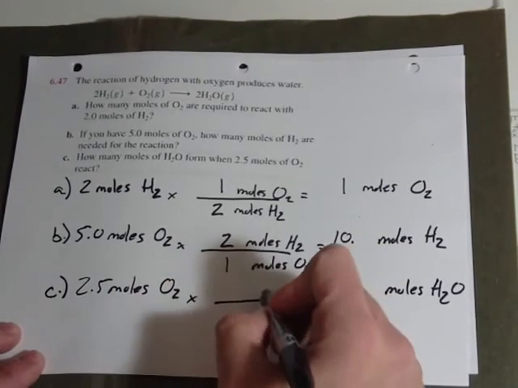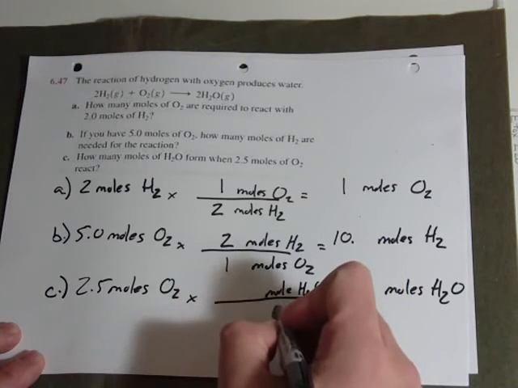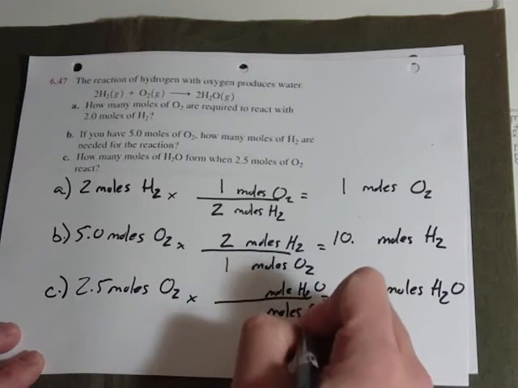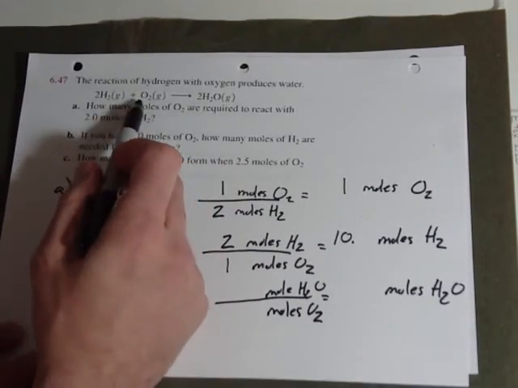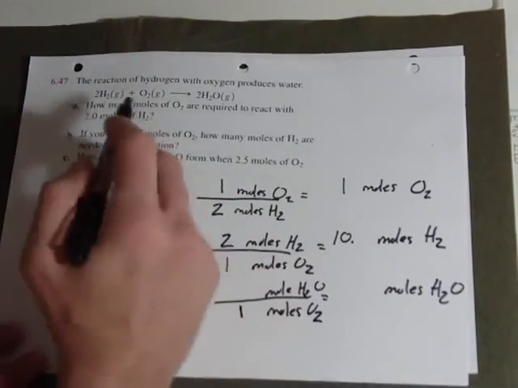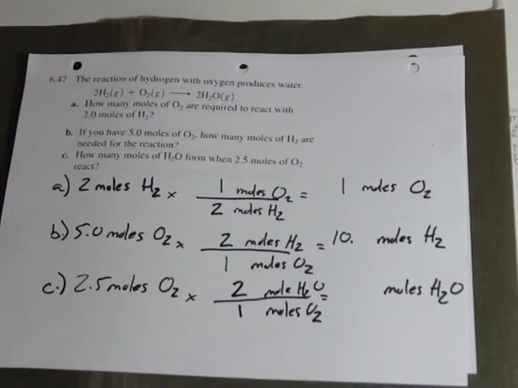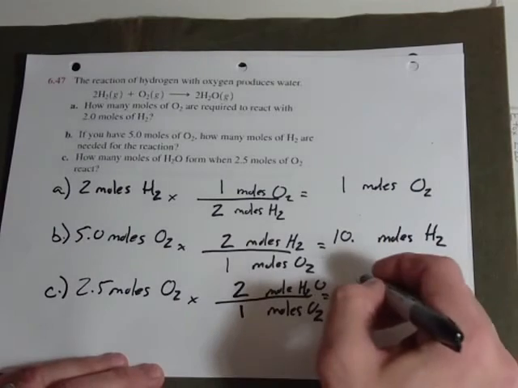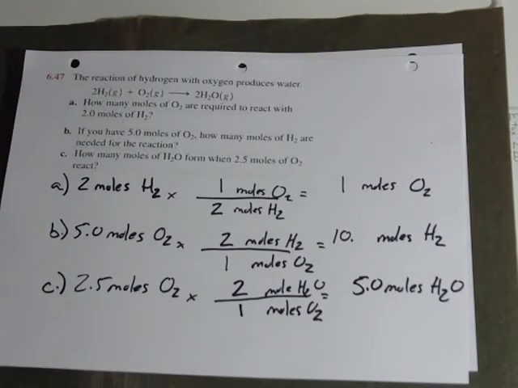So here we want moles of H2O to remain and moles of oxygen to cancel out. So here from our balanced reaction, if we have 1 mole of oxygen, it's going to produce 2 moles of H2O. And so now we just consolidate and we get 5.0 moles of H2O.